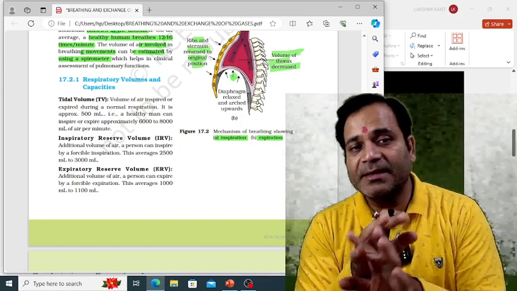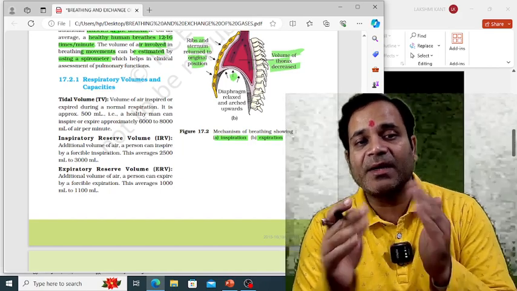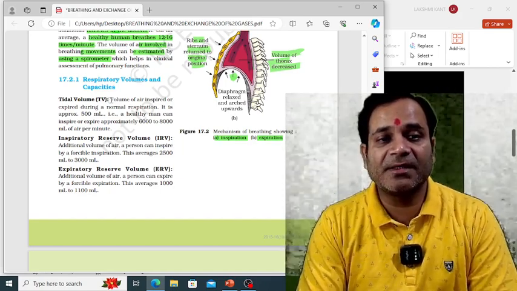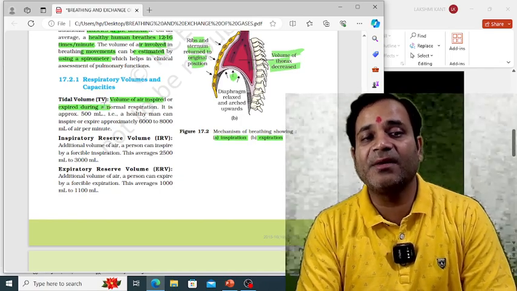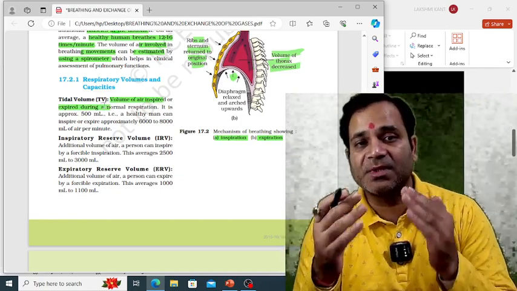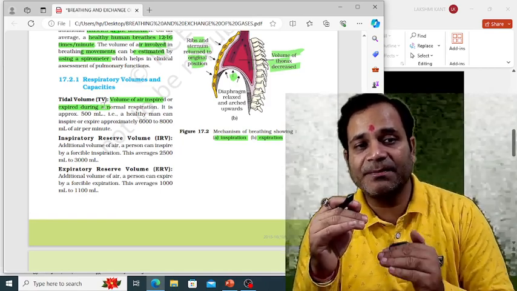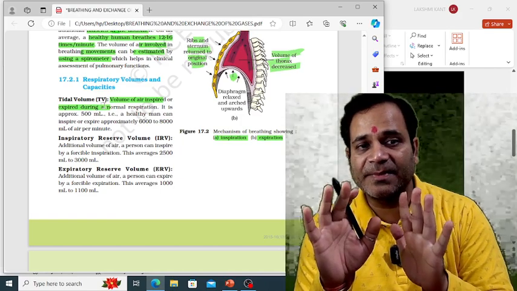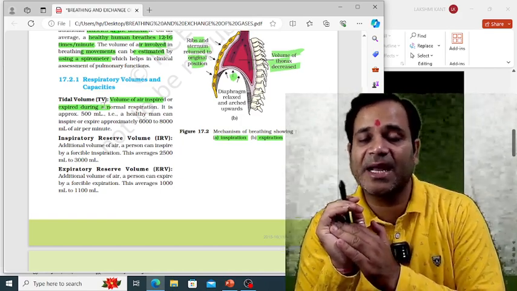You will say that it is the volume of air inspired or expired. See what I'm saying. Whatever the volumes, I'm just marking the terms here. Volume of air inspired or expired during normal respiration. Suppose I'm sitting here, I'm teaching right now. In the meantime, am I doing respiration or not? Yes, definitely, sir. You are doing respiration as well as breathing.